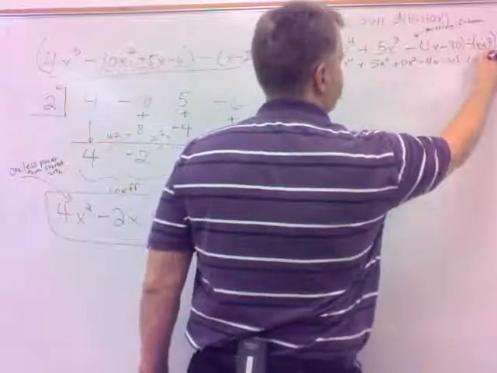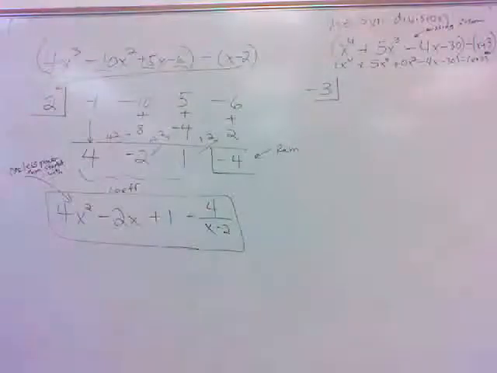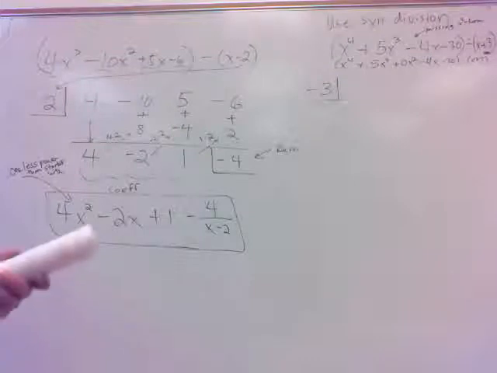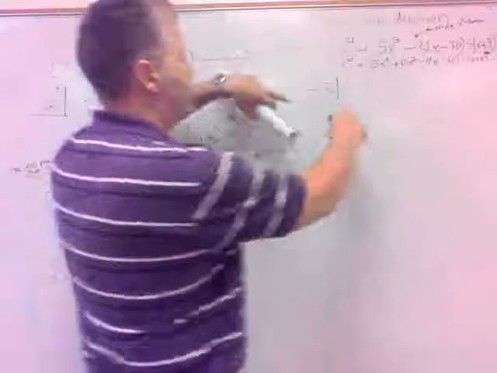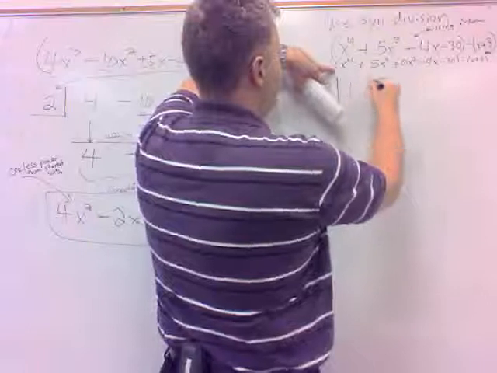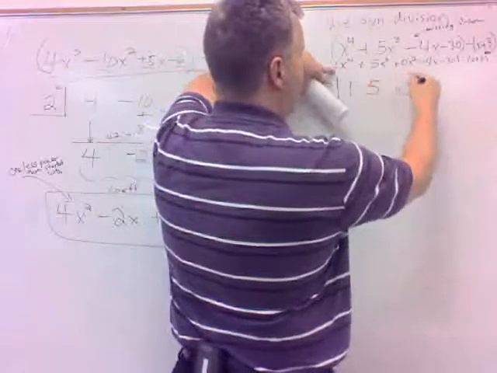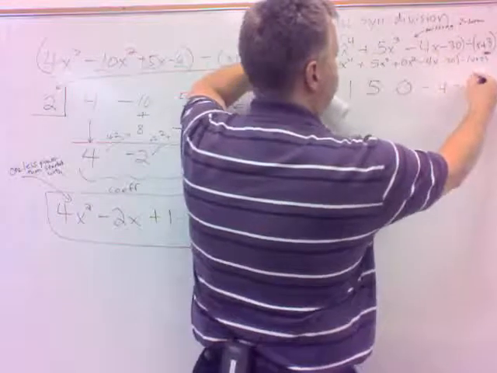Same thing applies here. If there's a missing term, it needs to be accounted for. And the way we account for it is put it in as 0 whatever. Okay? So what goes along here? 1, 5, 0, negative 4, and negative 30.